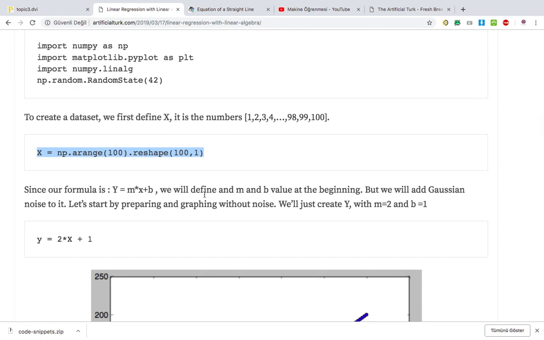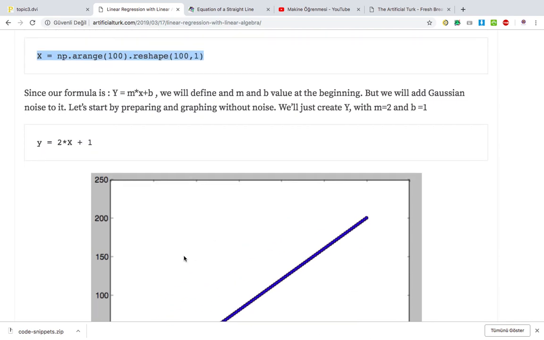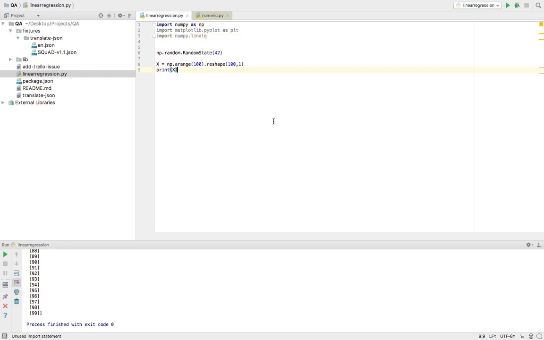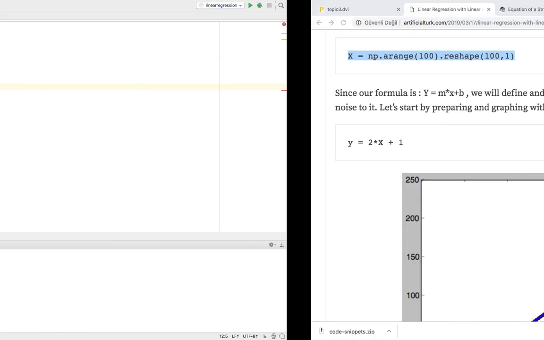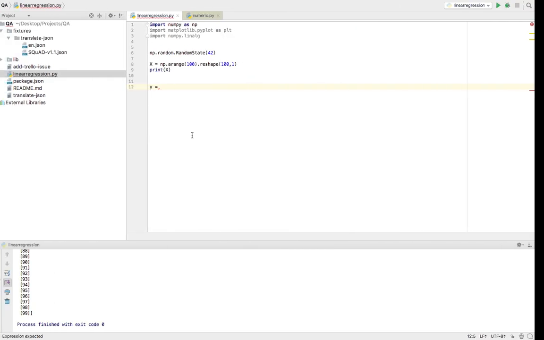So let's define a dataset like that, and we will add some randomness to it. To do that, let's say that we have y, and let's go with the same principle, 2x plus 1.